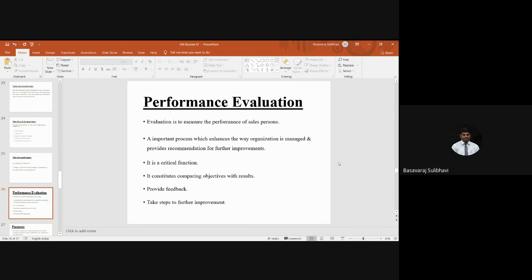So take steps toward further improvements, where you can help even individual salespeople or a team of salespeople, by giving them certain inputs that they take as suggestions, leading to improvements at each and every step of the process laid down by the organization to help the salespeople perform better.